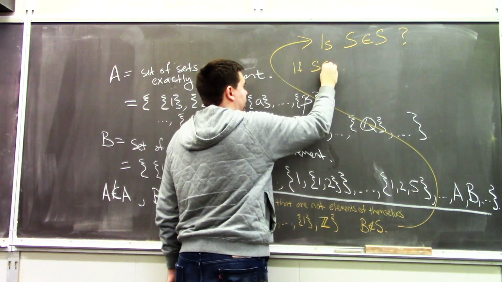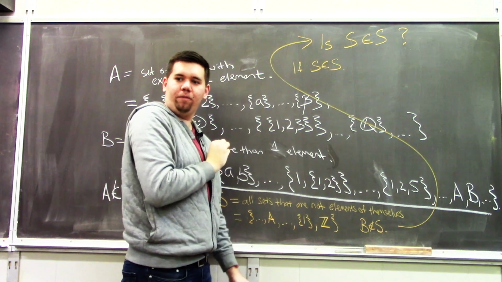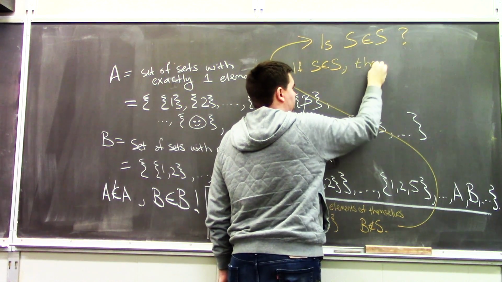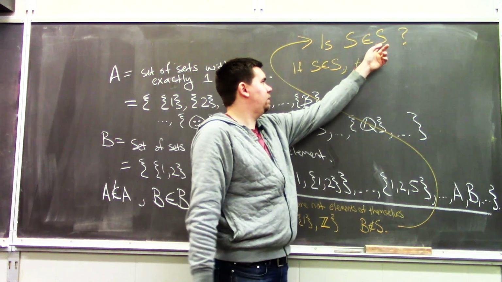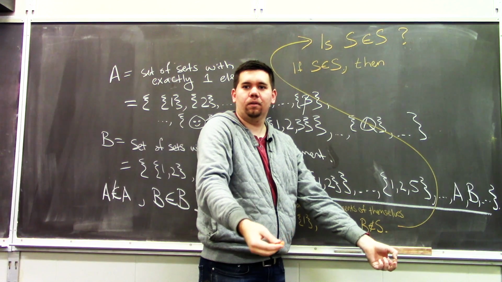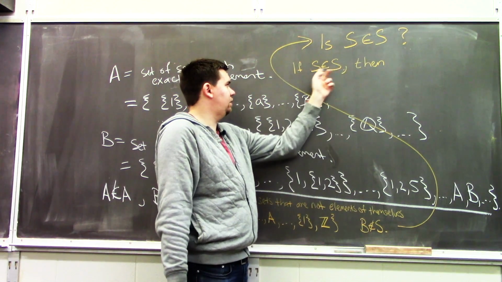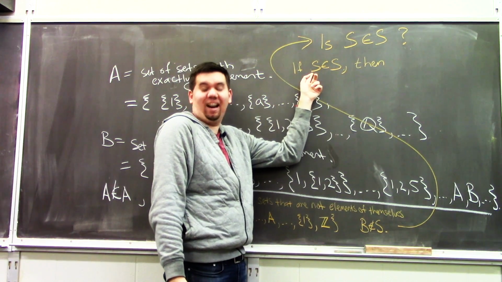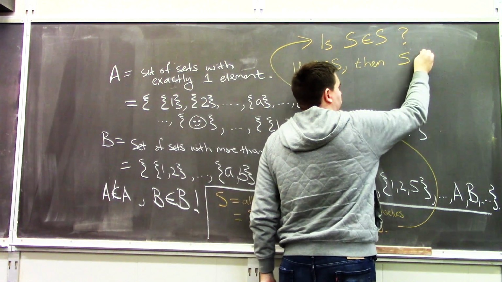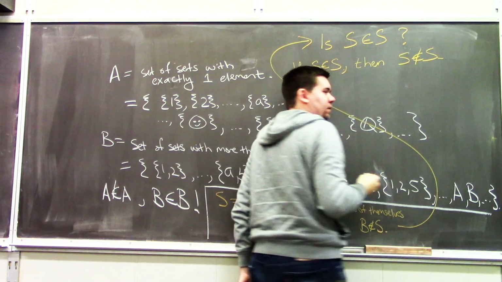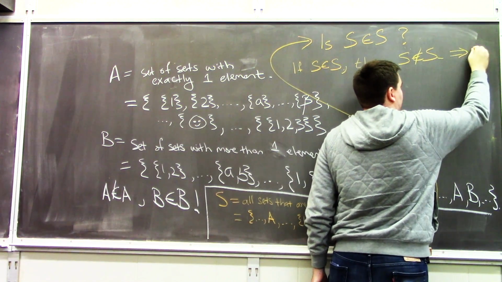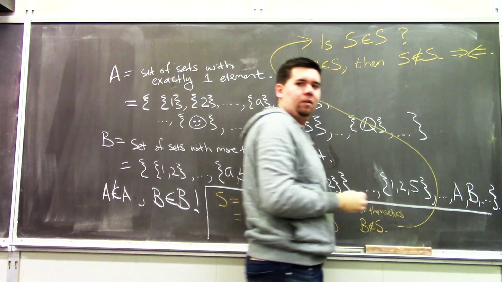If S is inside of itself, then remember, S contains all the stuff that's not an element of itself. So if this is inside of here, then S would have the property that it's not an element of itself. So then S would not be an element of itself. Uh-oh, contradiction. That's not good.